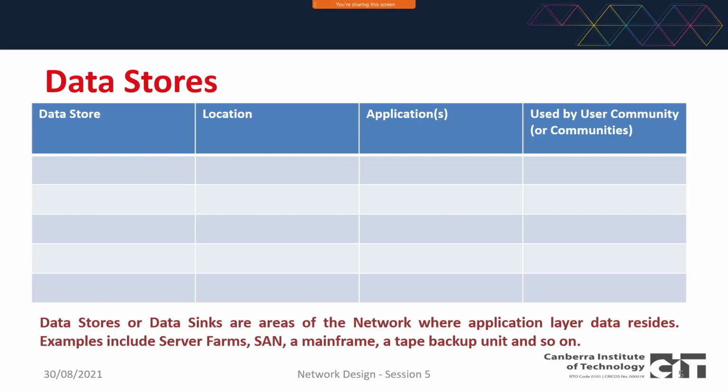In order for us to determine the traffic, we need to find out where our data stores are located in the network. And of course, we need to take care of the bandwidth requirements to the data stores, because obviously we expect higher bandwidth requirements whenever we want to be connected to a server, because multiple users could be taking advantage of the server at the same time.